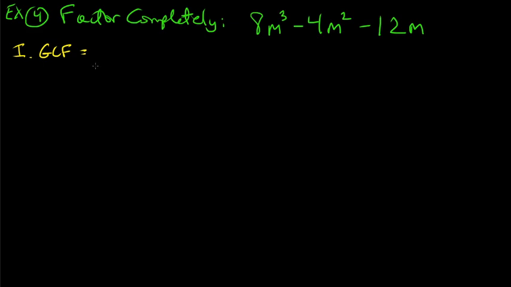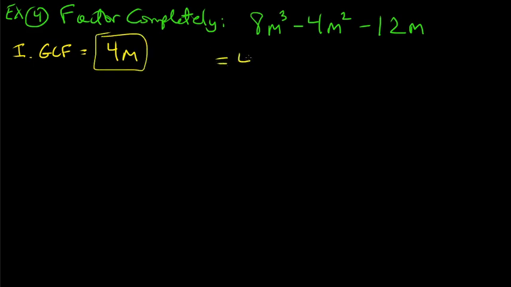Yes, it's been 1 in the last two examples, but I don't think it's 1 here. 8, 4, and 12 are all divisible by 4. And they each contain a factor of m. So it looks like the GCF is just 4m.